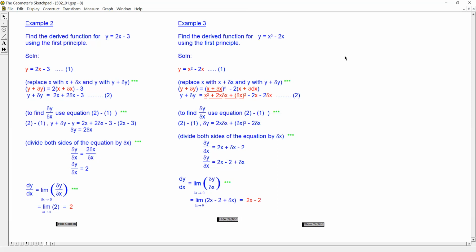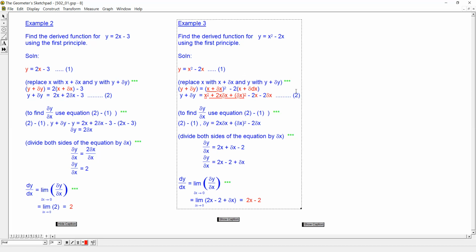So if it is x squared, then it will be x plus delta x whole thing squared. Then here we have minus 2x. Then here we have minus 2 bracket x plus delta x. This one I typed wrongly, I just type carefully. x plus delta x.